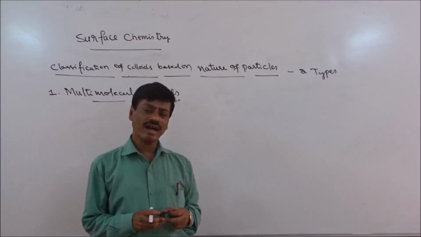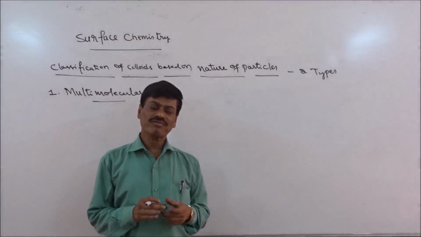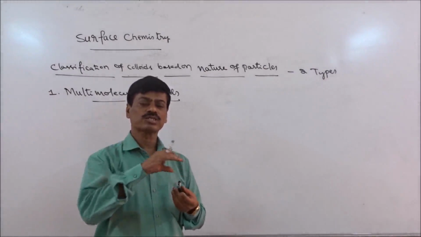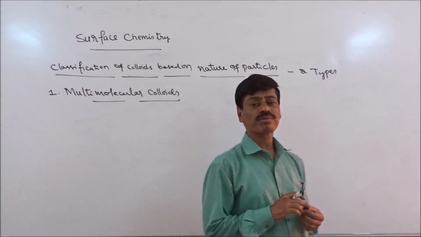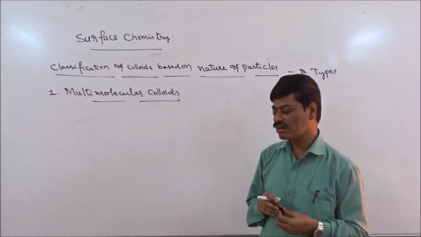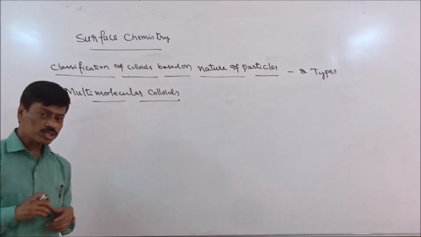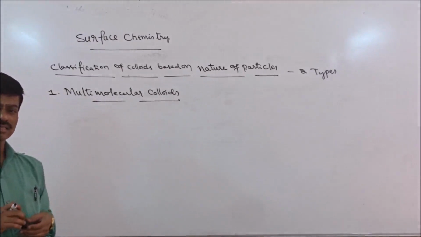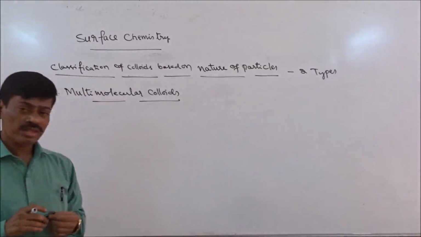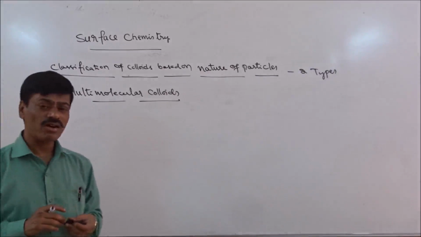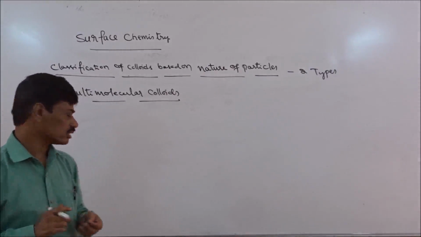One meaning is act of solubility, meaning when one phase is completely dissolved into the other phase, or when one medium is dissolved completely into the other medium, that is called dissolution. Number two, act of isolation is also called dissolution. Now let us see when a multimolecular colloid is subjected to dissolution, what we are going to get.